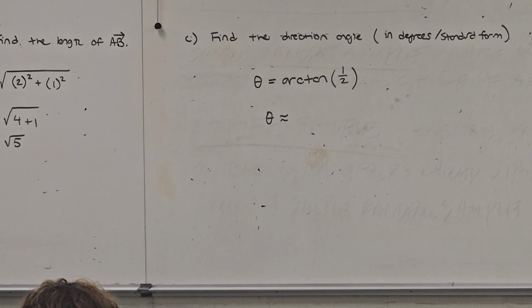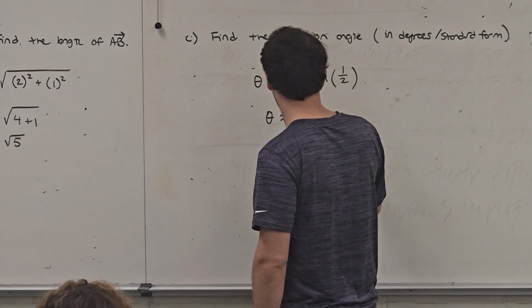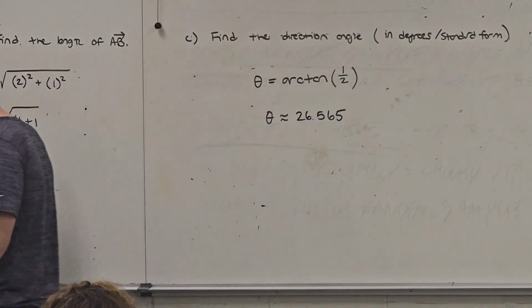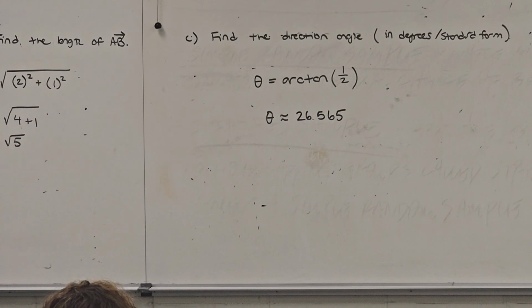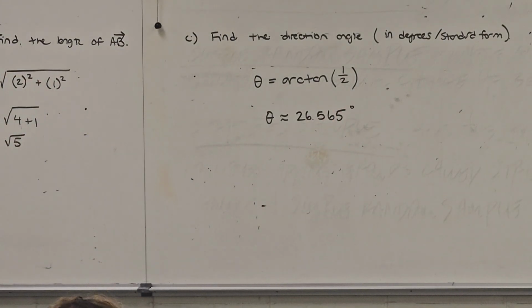I want arctangent or inverse tangent of 1/2. I just want to make sure that I'm in degrees and not radians. Questions?